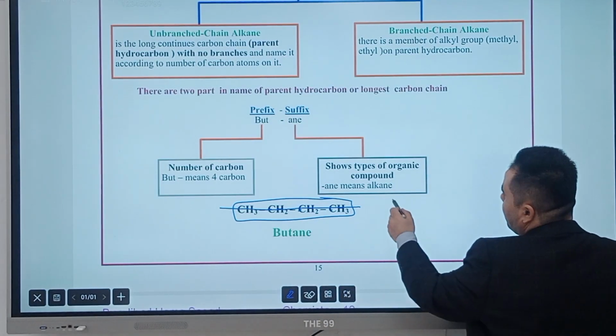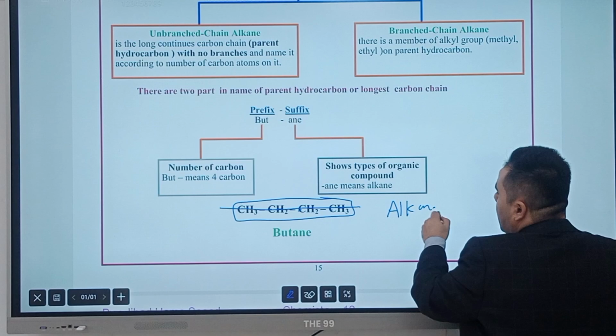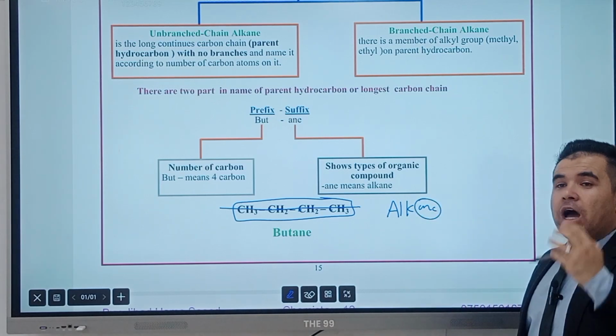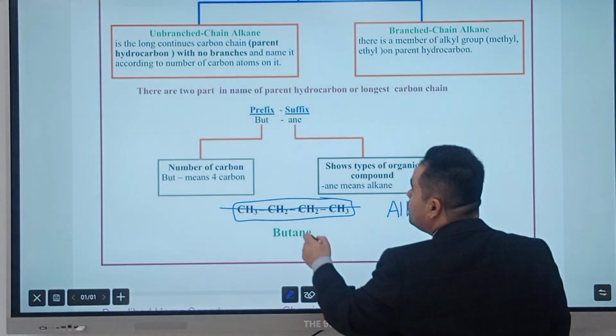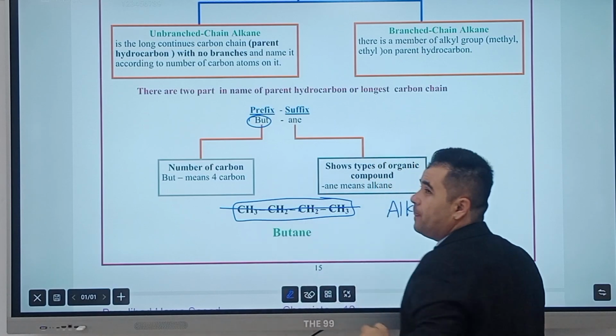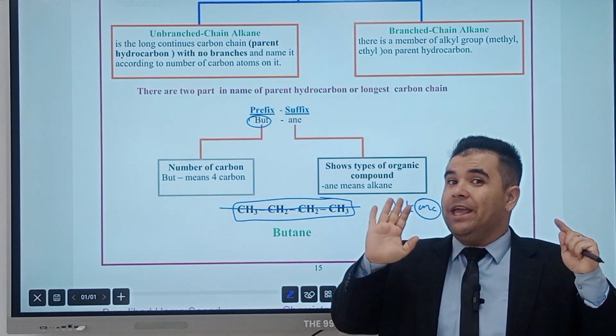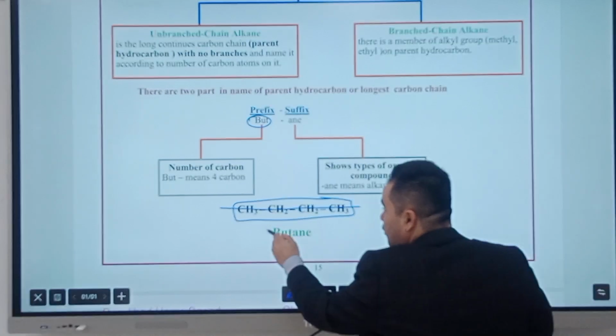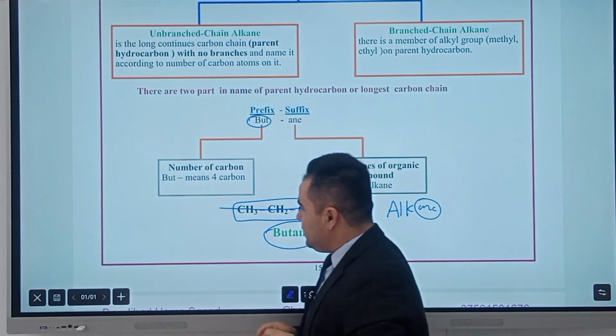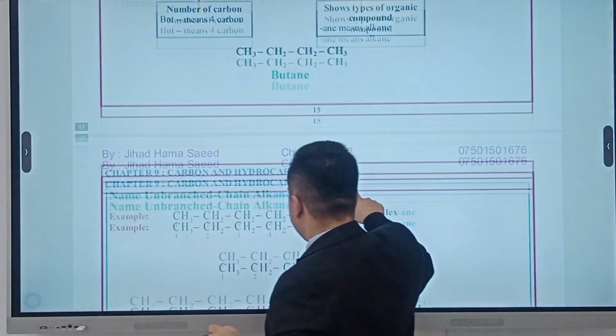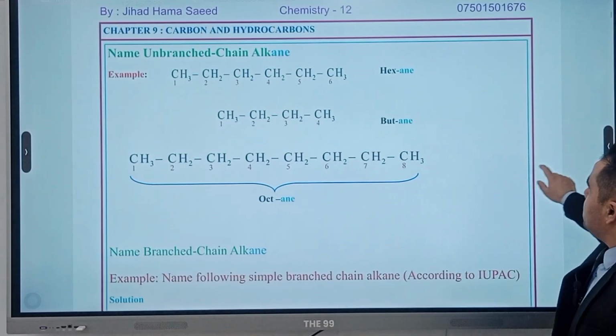So this is an alkane. Alkane with 4 carbons takes the prefix but, and the suffix of an alkane always is ane. So it's simply butane. Let us talk about more examples.